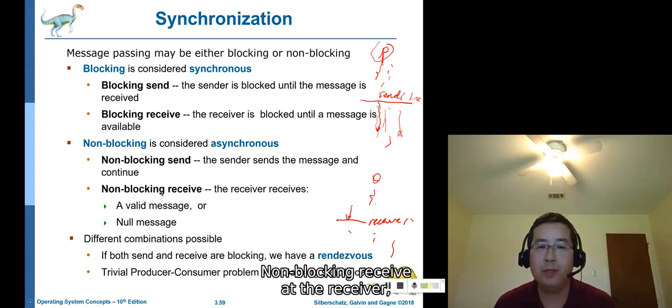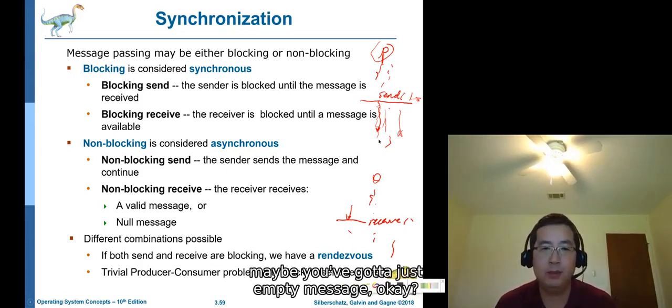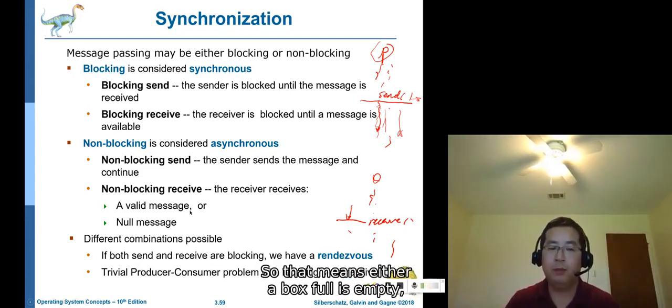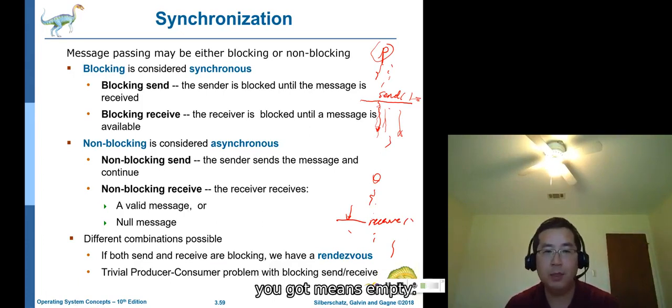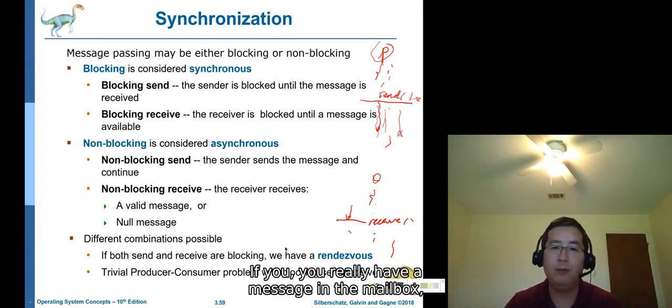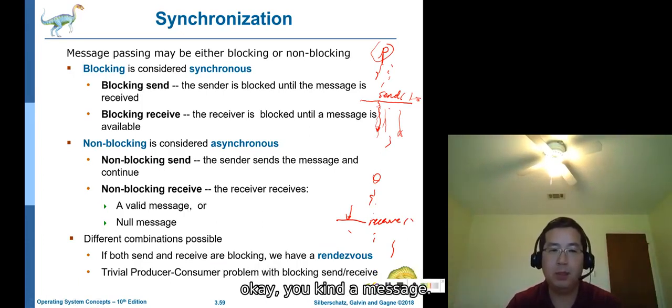For non-blocking receive, the receiver will receive either a valid message or no message. So you keep receiving from the mailbox. Maybe you get an actual message, maybe you get just an empty message. If the mailbox is empty, you get a null. Null means empty. If you really have a message in the mailbox, you get the message.